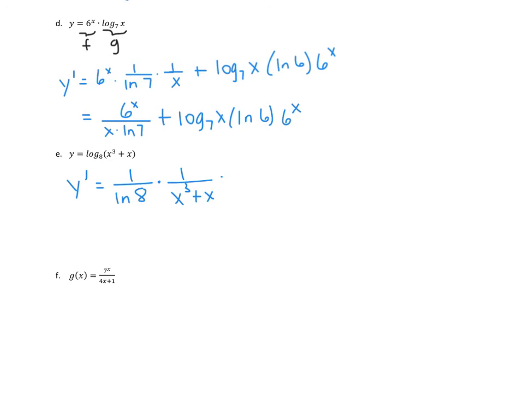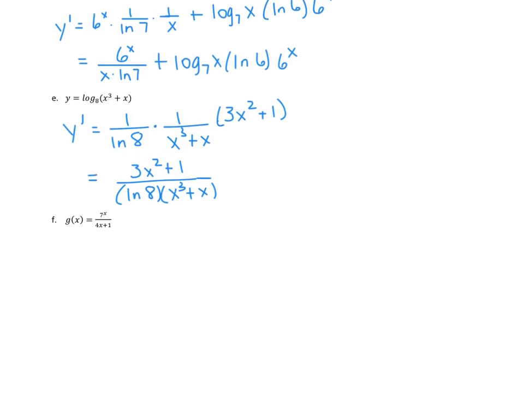So taking the derivative of x cubed plus x is going to look like 3x squared plus 1. Alright, so there's our derivative. Condensing this, we have 3x squared plus 1 in the numerator divided by natural log of 8 times x cubed plus x.